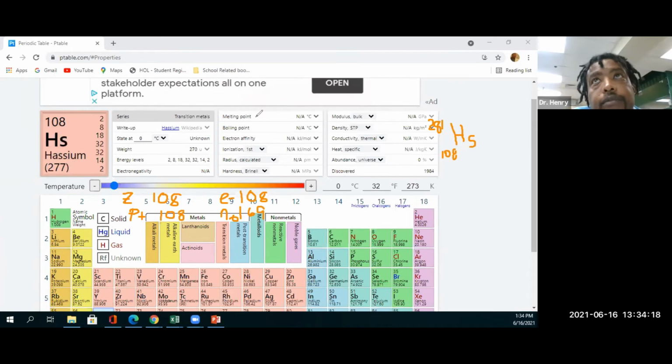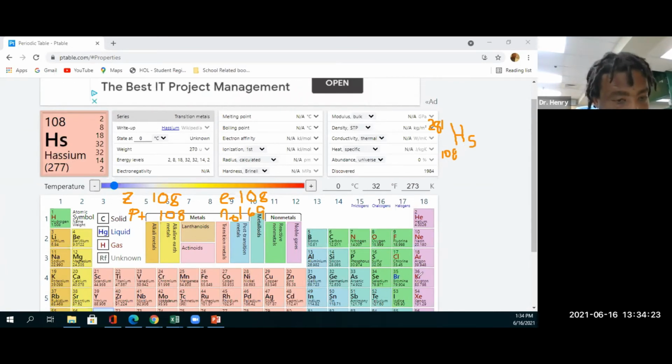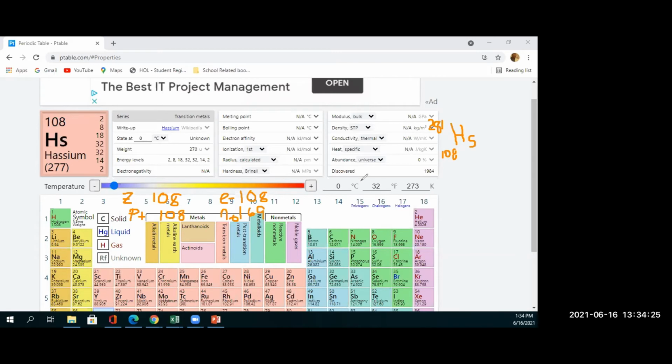What is the atomic number for hassium 281? 108. Still 108.